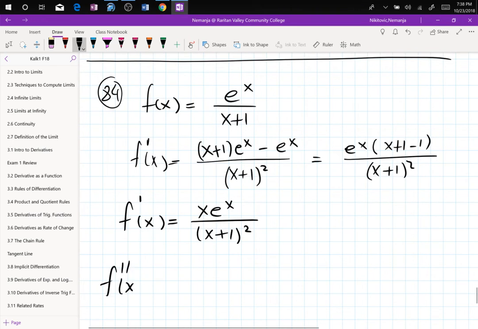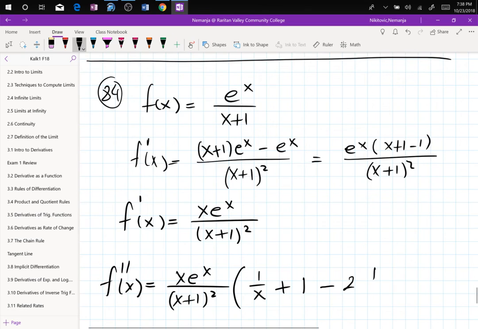So the second derivative using logarithmic differentiation is x e to the x divided by x plus 1 squared times the derivative of this, which is 1 over x plus 1 minus 2 over x plus 1.